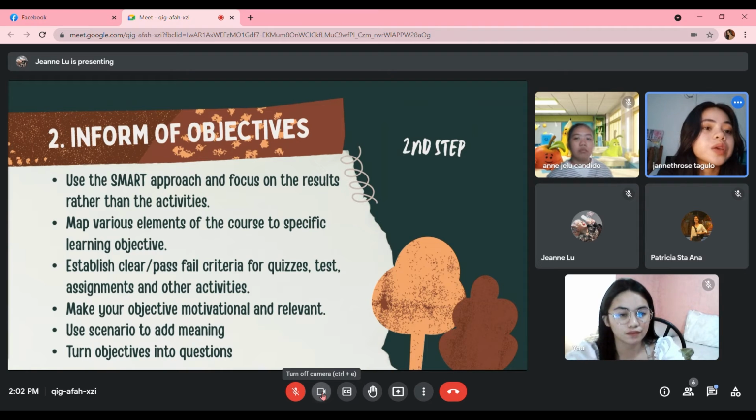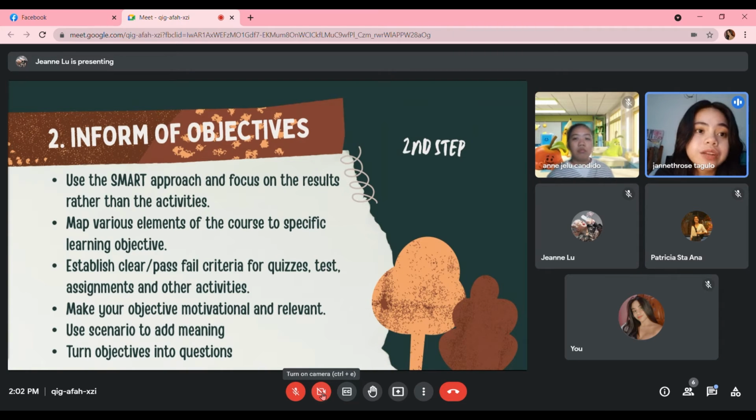So we can use the SMART approach and focus on the results rather than the activities. Map various elements of the course to specific learning objectives. Establish clear pass-fail criteria for quizzes, tests, assignments, and other activities. Make the objective motivational and relevant.